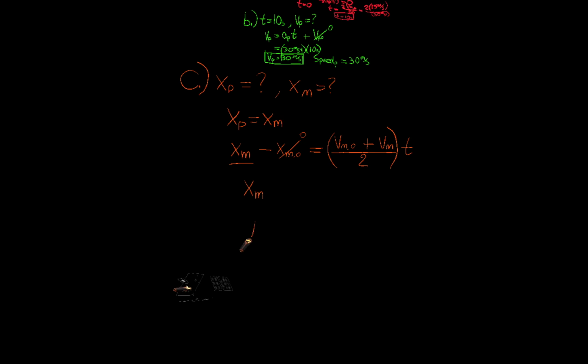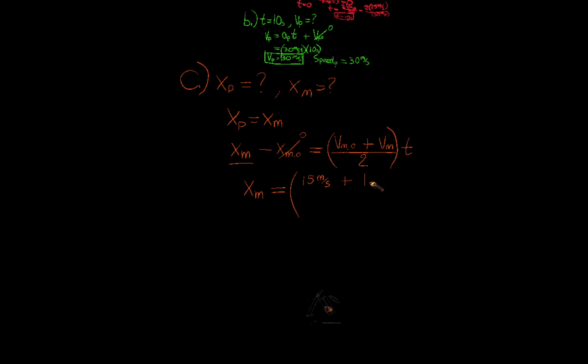So x the motorist, the position of the motorist, right, is equal to Vm naught. Initially, the motorist is traveling 15 meters per second. And it is not accelerating. The acceleration of the motorist was 0. It travels at a constant speed.